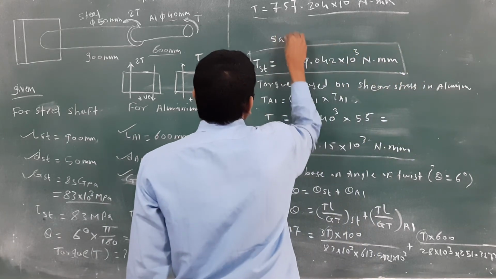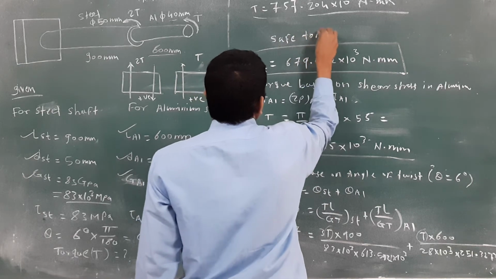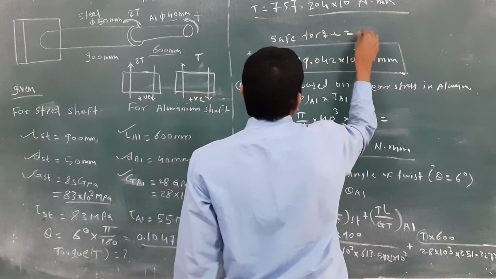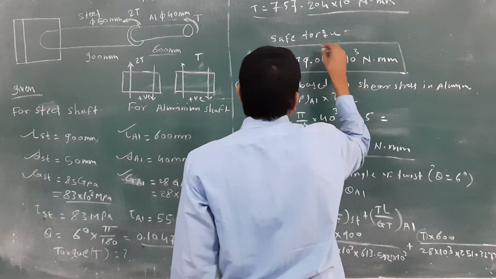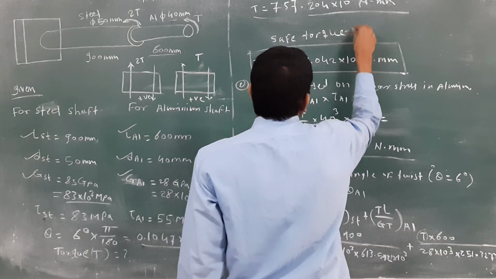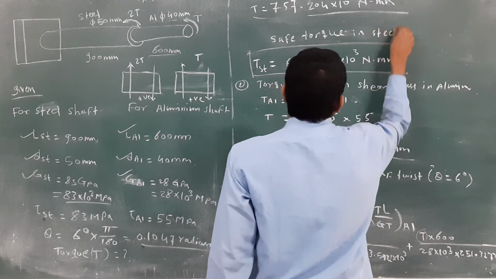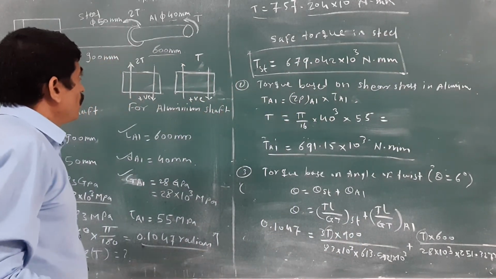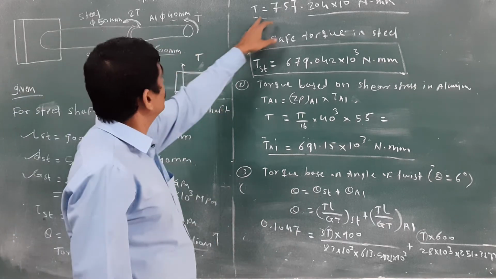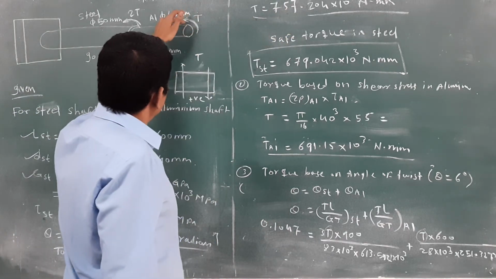Write the safe torque. The safe torque in steel we will get is 679.042. What happens if you apply the torque T equal to 757?